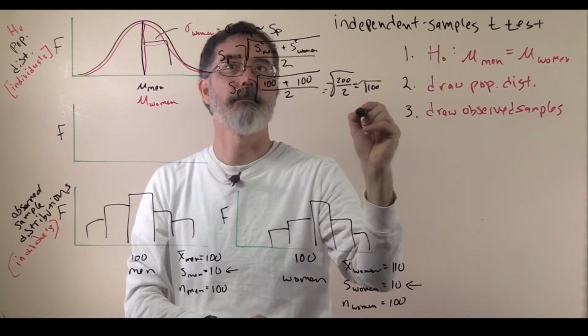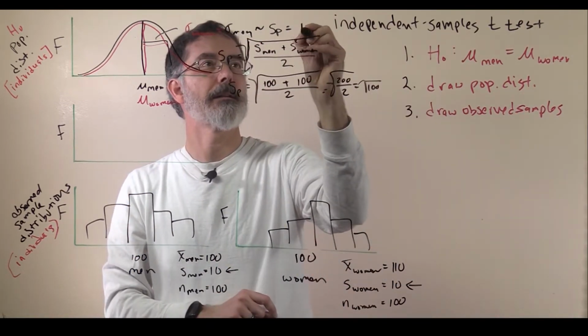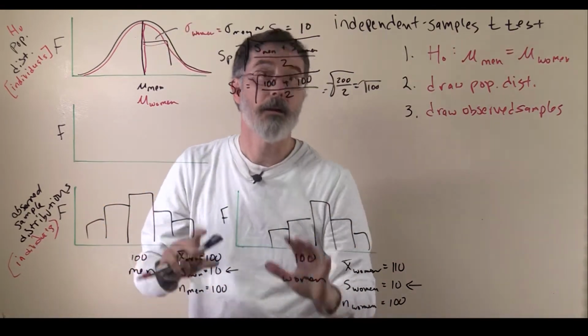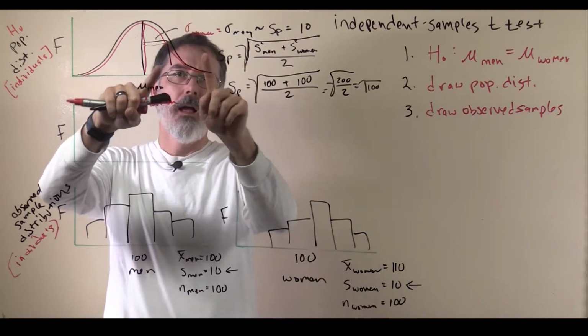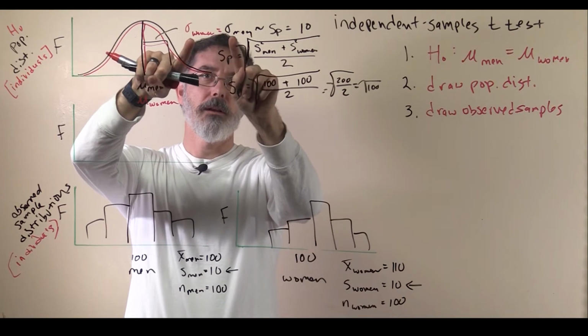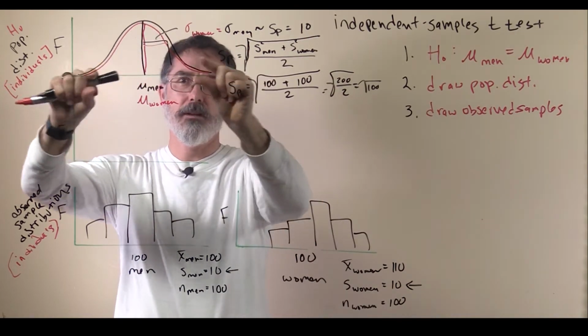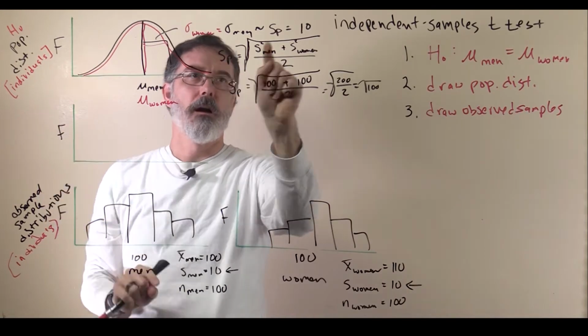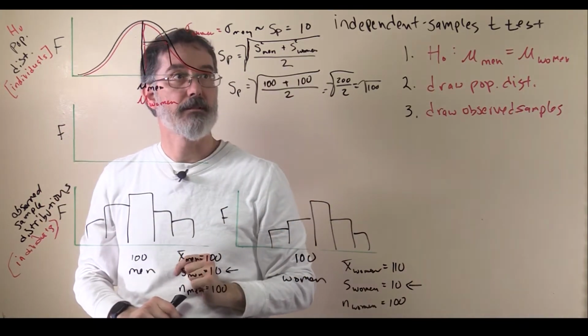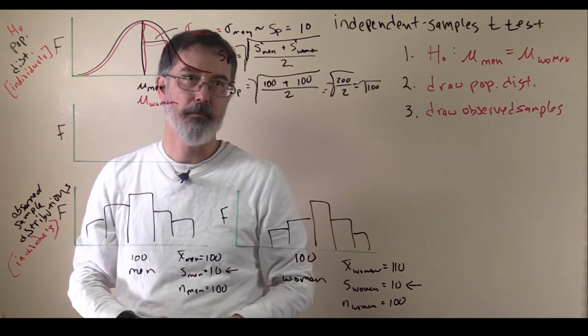So that's going to be 10. So 10 is our best guess at the population standard deviation for men and women. For these 2 distributions that are exactly the same, our best guess is the standard deviation of those distributions is 10, based on our observed samples.